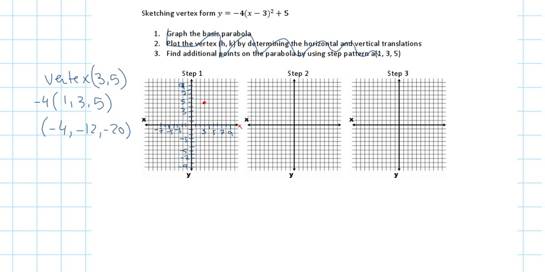Okay. Now, the step pattern says I have to go down 4. From this point, I'm going to count down 4: 1, 2, 3, 4, over 1, so my next point is going to be here and here. Did anyone not understand how I found my next point?